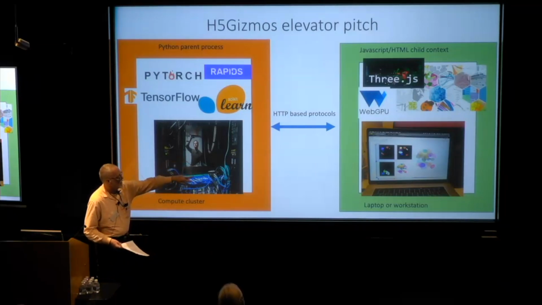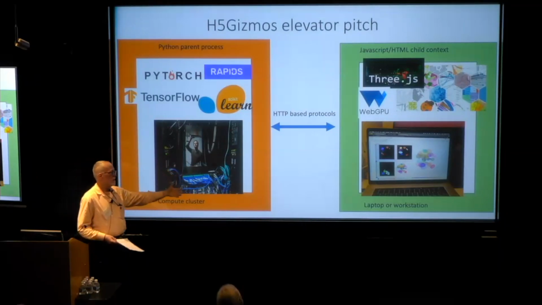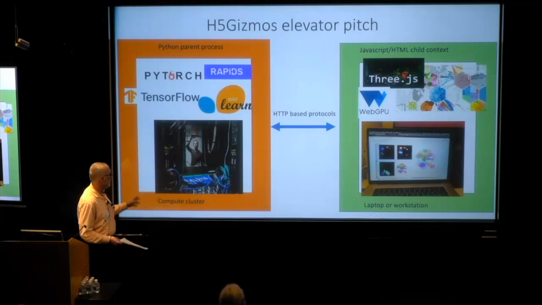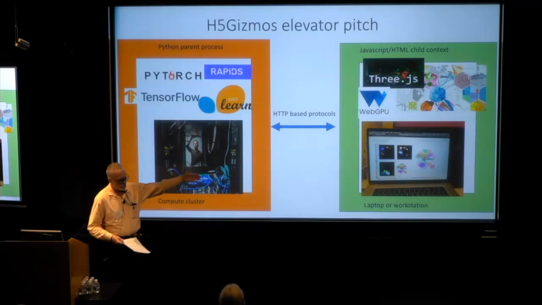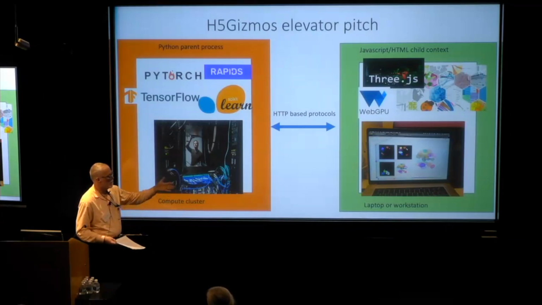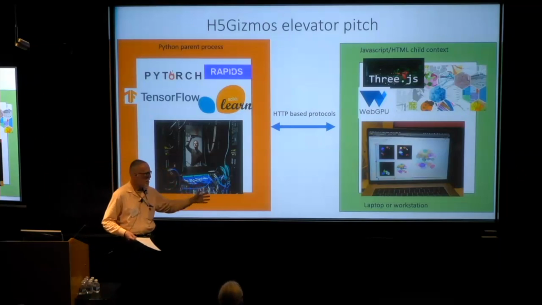And on the other side, the JavaScript HTML child context can be on any connected device on the network that has network connectivity to the cluster. You can even do port forwarding. I've done that, all kinds of tricks like that. And importantly, on the JavaScript side, no installation is required.